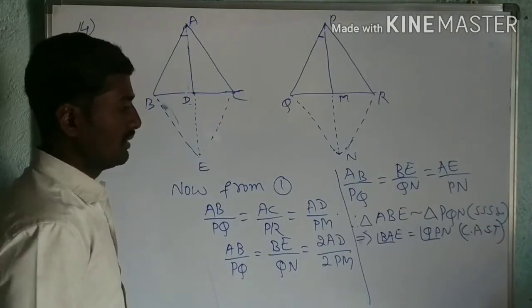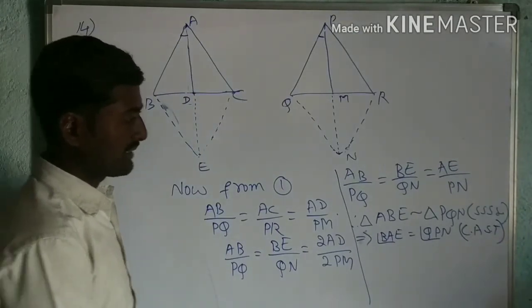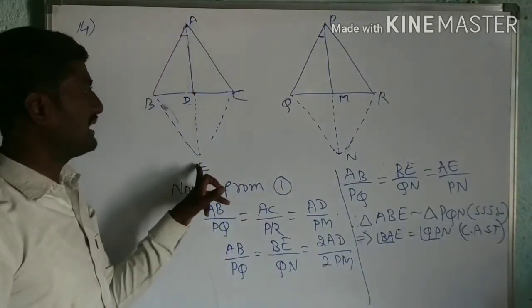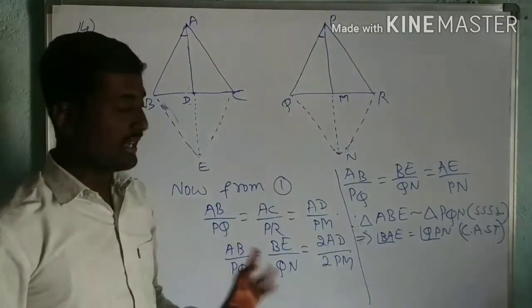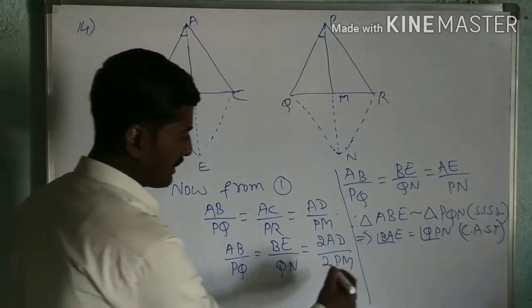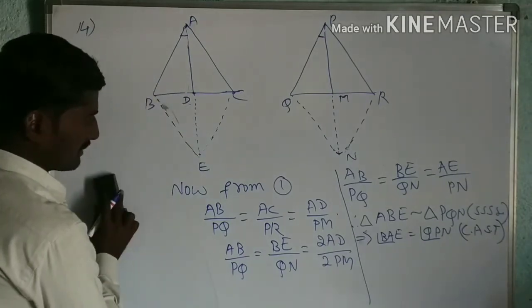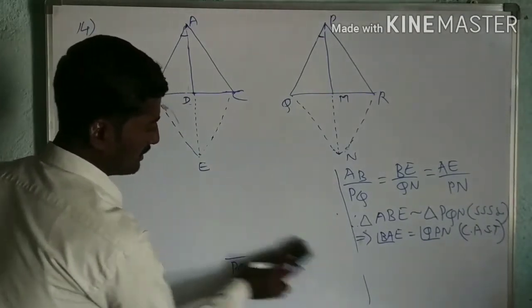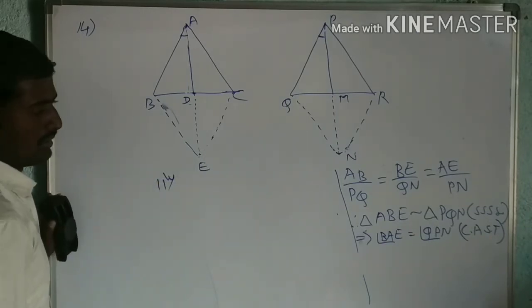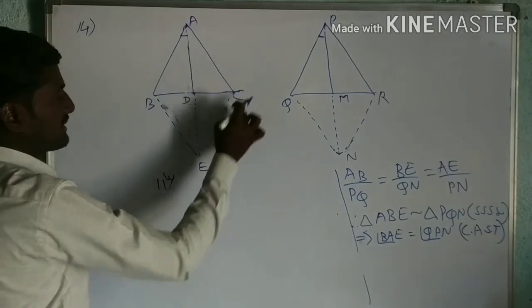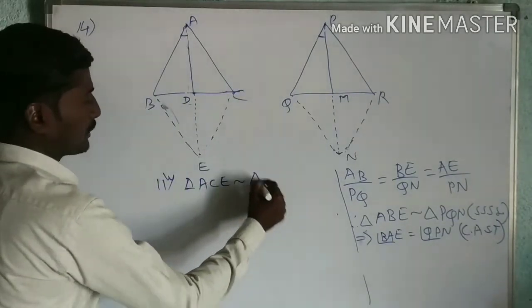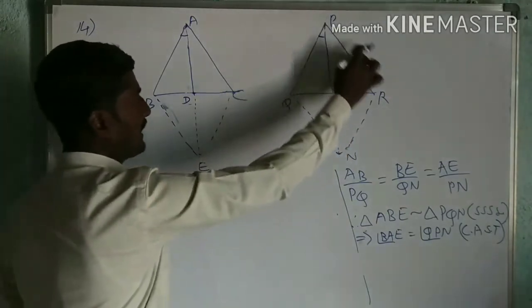Next, you take this as equation number 1, otherwise leave it. By proving ABE similar to PQN, I got this condition. Similarly, triangle ACE is similar to triangle PRN.